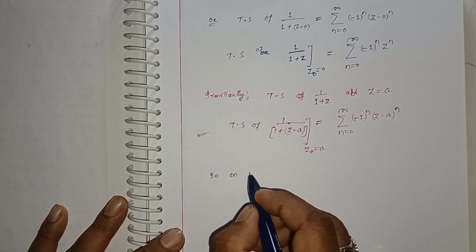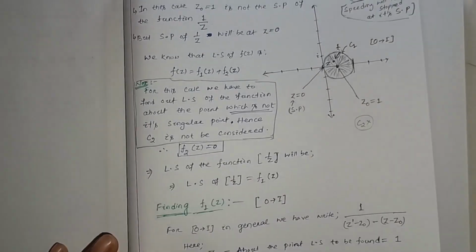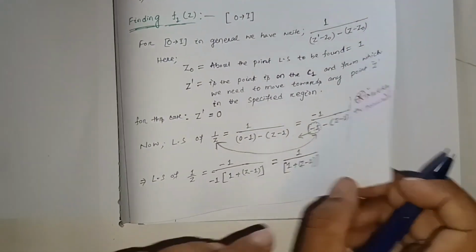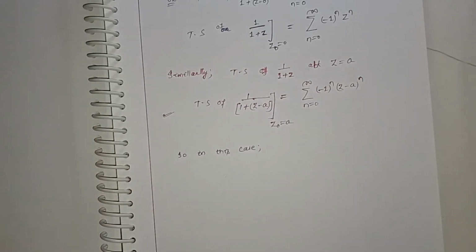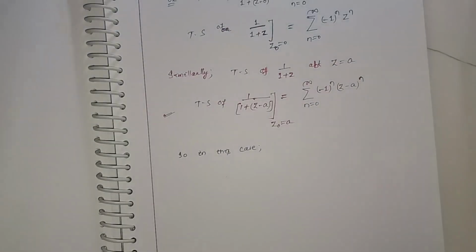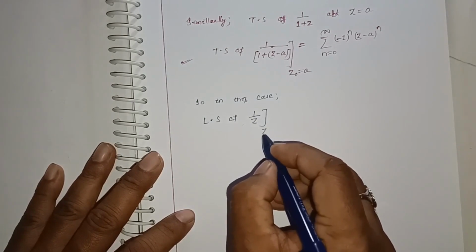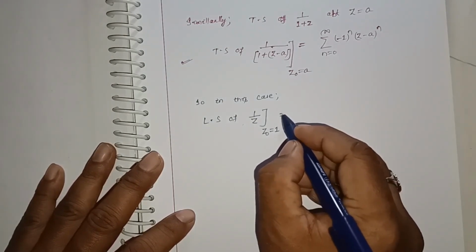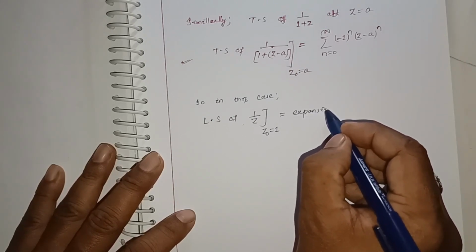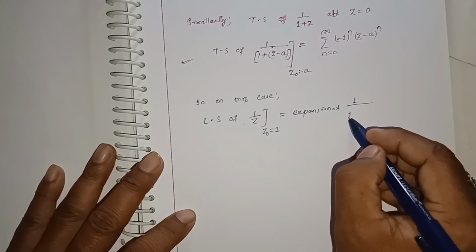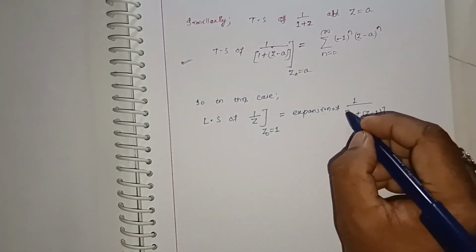In this case, the Laurent series of 1 by z about z0 equal to 1 is the expansion of 1 by 1 plus z minus 1.